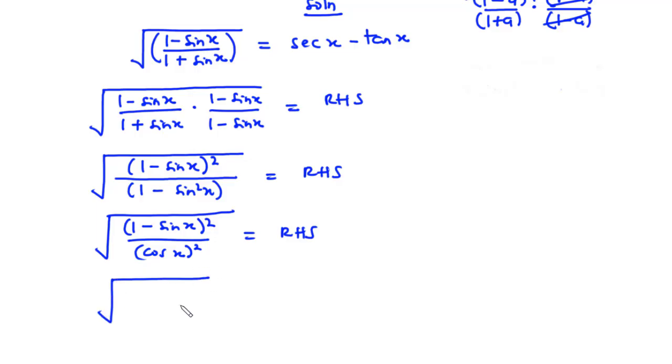Now from the laws of indices, a square over b square can be written as a over b all square. So we are going to apply that here.